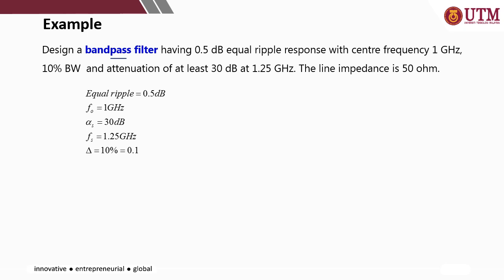Design a band pass filter having 0.5 dB equal ripple. When you have ripple, it is a Chebyshev, so make sure you use the Chebyshev table and also the Chebyshev graph with 0.5 dB equal ripple response. Then the center frequency omega c equals 2 pi 1 gig, and 10% bandwidth.